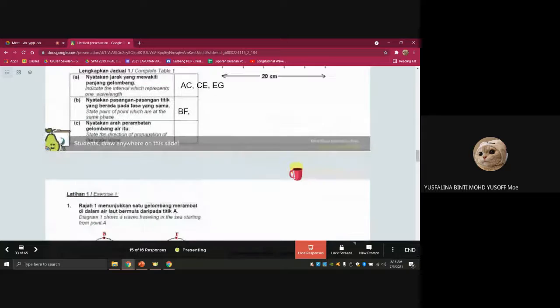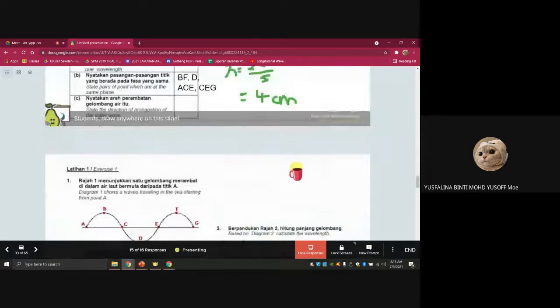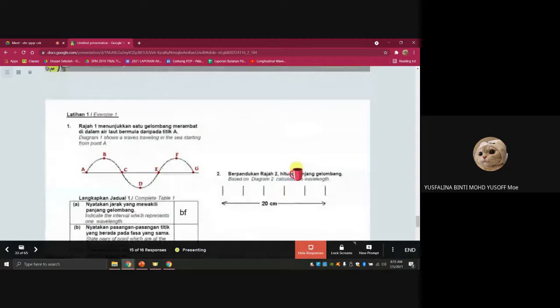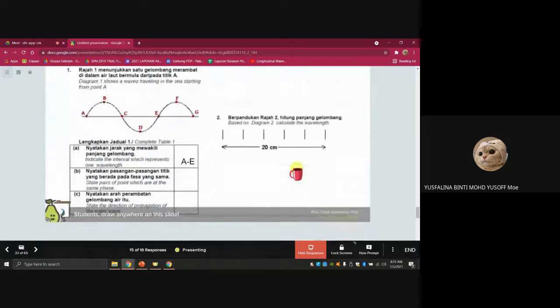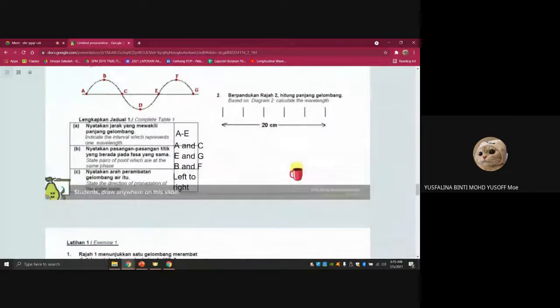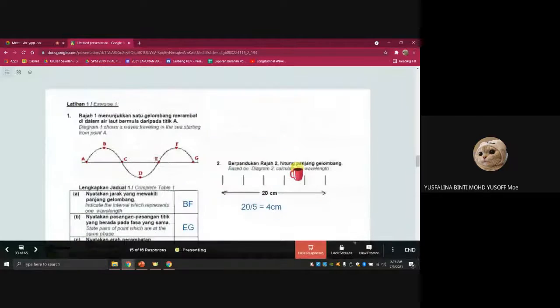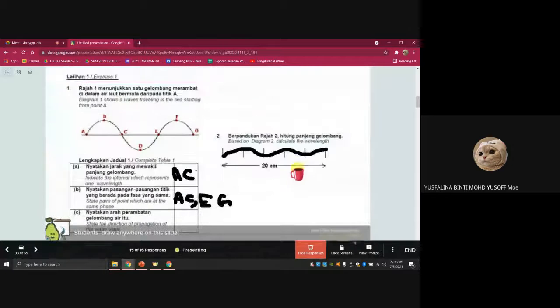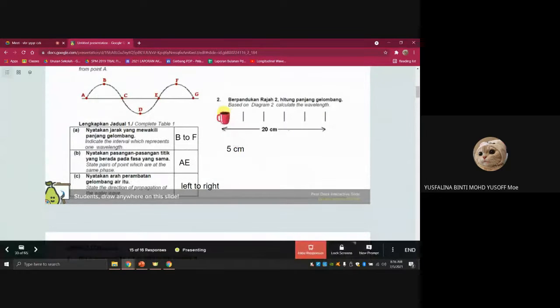Are you clear for that one? Yes. 20 divided by 5 is 4 cm. For those who put 5 cm, you have to make a correction here. 1, 2, 3, 4, 5.